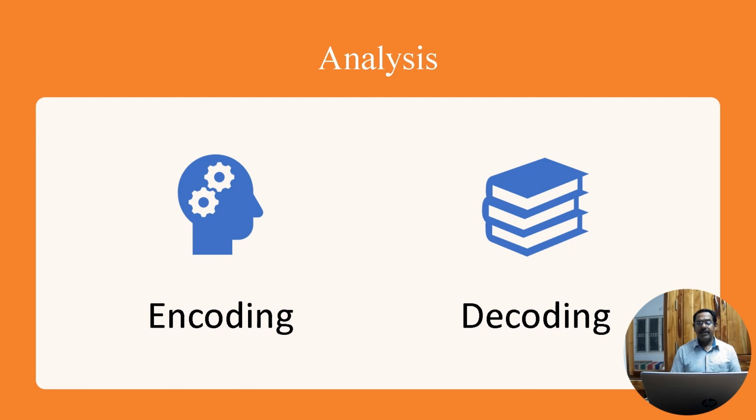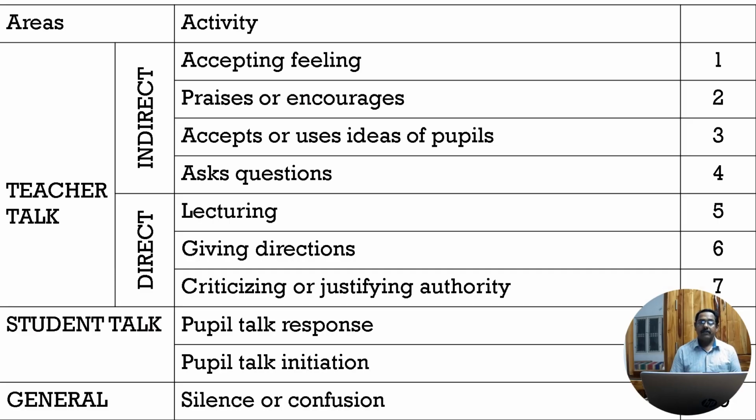Basically, this encodes the classroom behavior by means of numbers, digits, and those digits are then decoded to know the behavior of the teacher. It consists of 10 statements or 10 dimensions in which the classroom is analyzed.